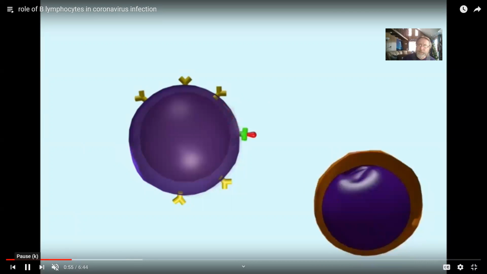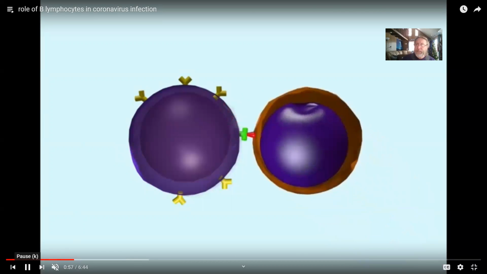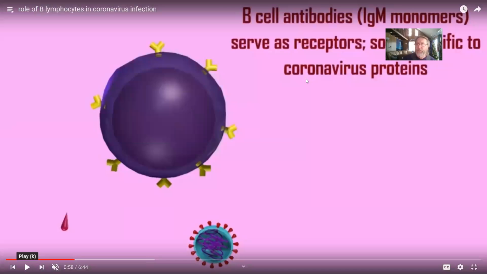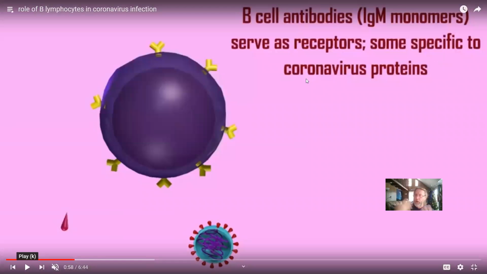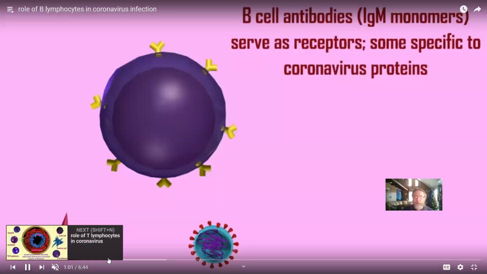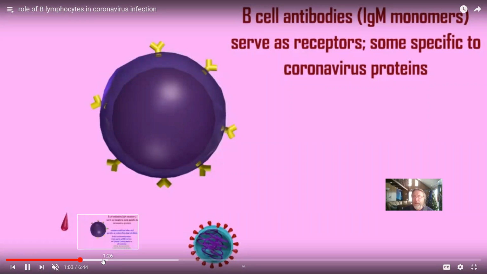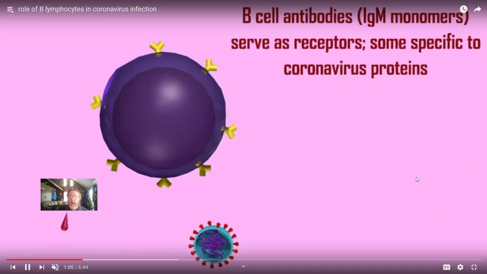I wish I knew the answer to that. But B lymphocytes are antigen presenting cells. So it could actually be that they are presenting to T helper cells and signaling them of coronavirus infections. So there's that potential. And once again, that isn't understood as well as we would probably like.